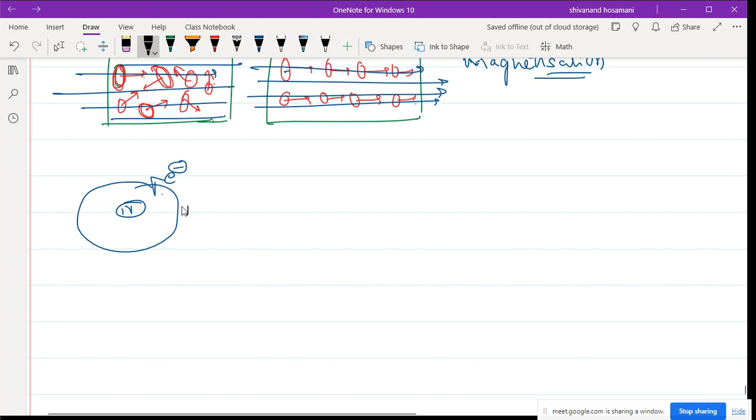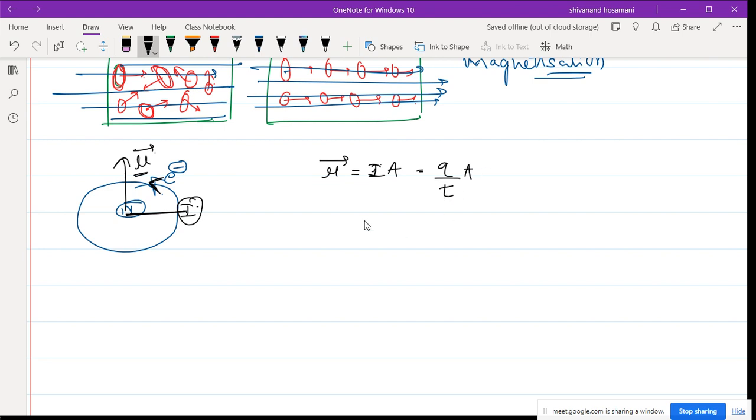Because of this current flow, it moves in a circular motion, so it is going to experience the current. Then there is a magnetic moment, which we call mu. So if we define the magnetic moment mu, it is given by I into A, or I can define that as Q divided by time into A.